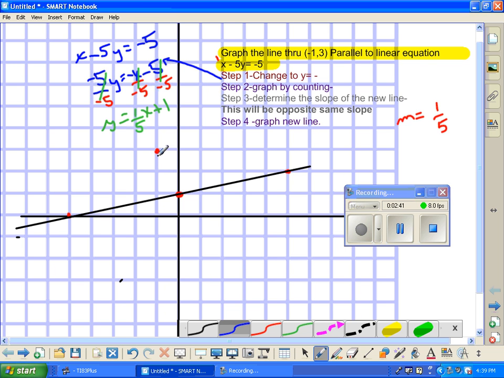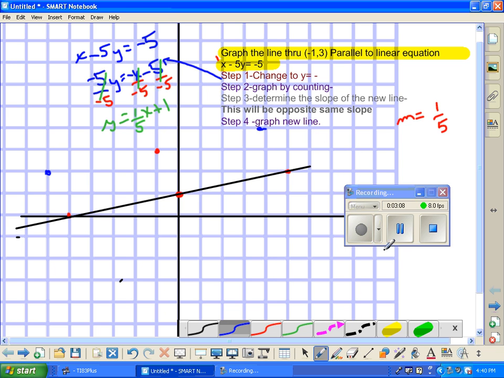If we go down 1, that means we need to go over 5 to the left, because two negatives make a positive. So you go down and to the left, 1, 2, 3, 4, 5. If we go up, we go to the right, 1, 2, 3, 4, 5.